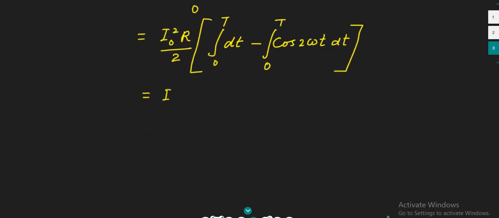Next, you can write again I naught square R by 2, and the integration of dt is t. So taking the limit 0 to capital T, which is for the full cycle.